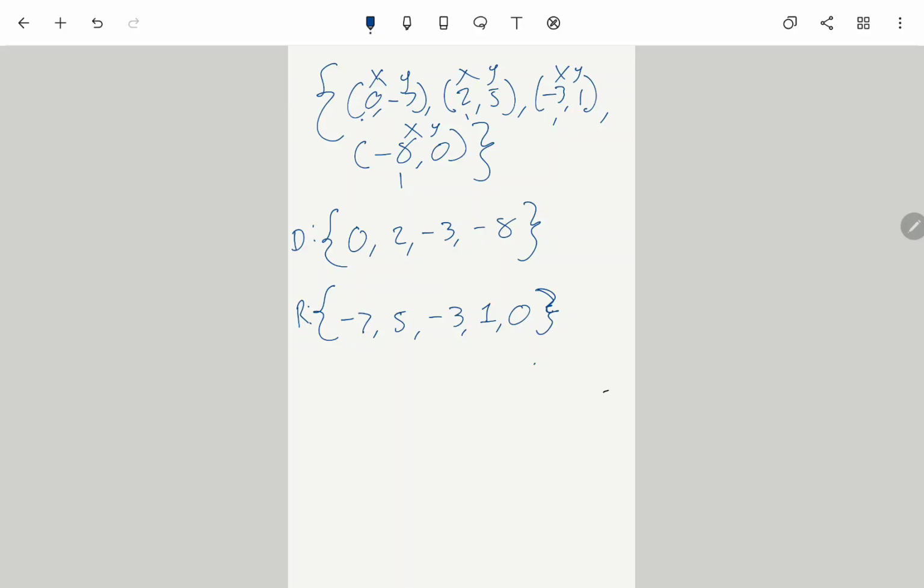Now, the last thing we're talking about today, domain and range, but like this. Like this is -1, 0, 1, 2, 8, and -3, -2, 2, 3.